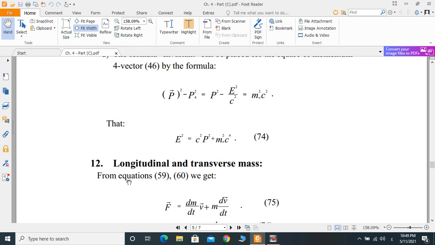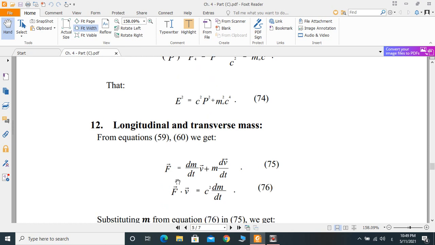Section 12, longitudinal and transverse mass. From equations 59 and 64 we get the equation of motion.